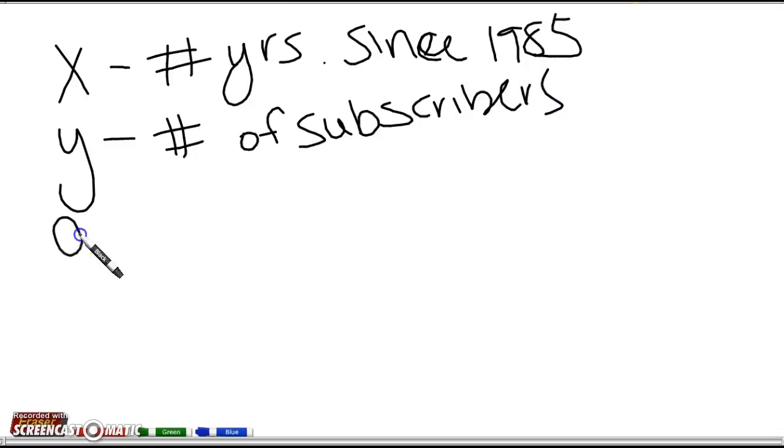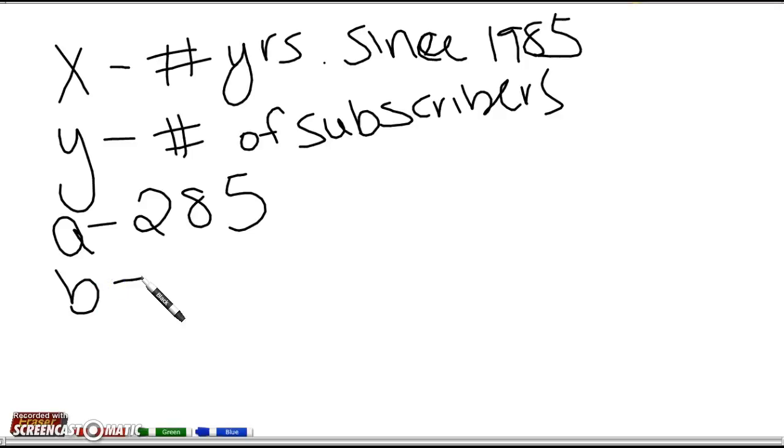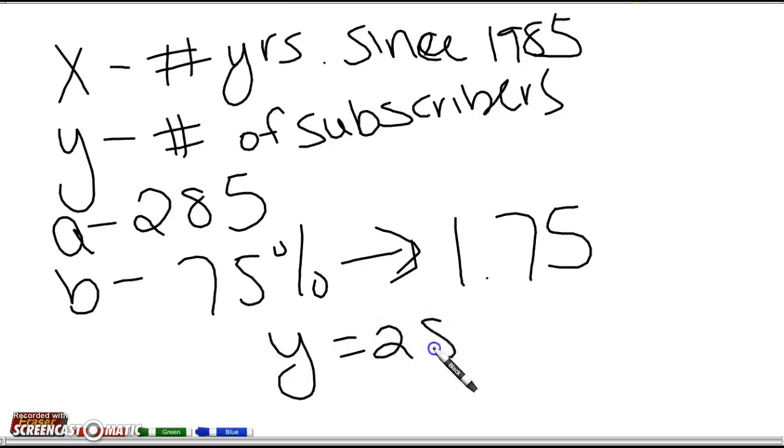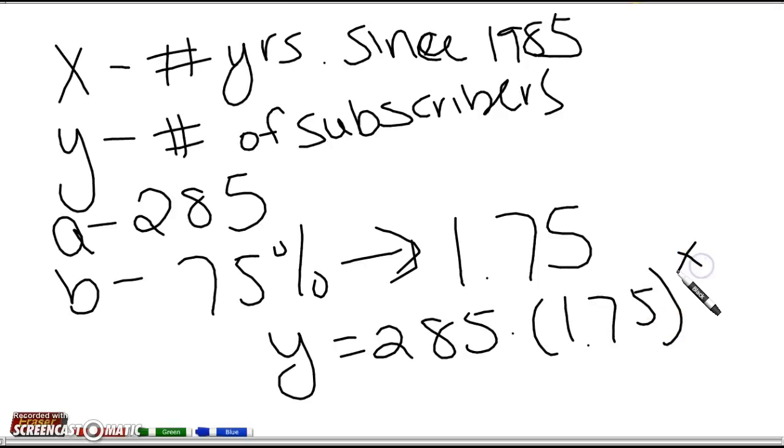All right. A is our initial amount, and they gave us 285 as our initial amount. B will be our percent increase. So it started off at 75%. So we're going to add 100% to that because it's an increase, and we get 1.75. And our equation that we get is y equals 285 times 1.75 to the x power.